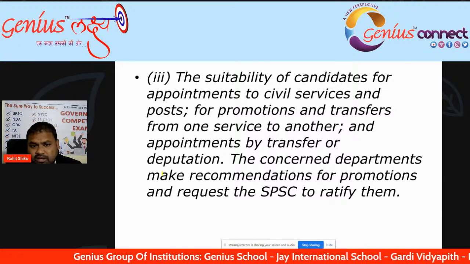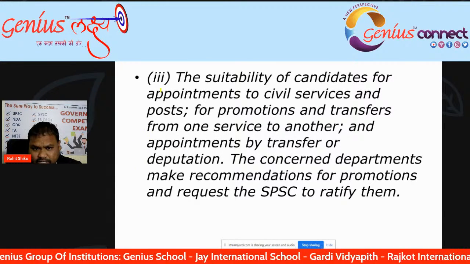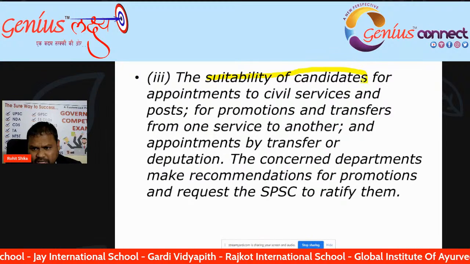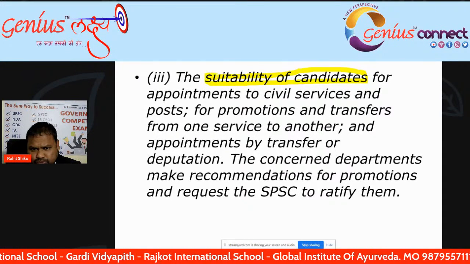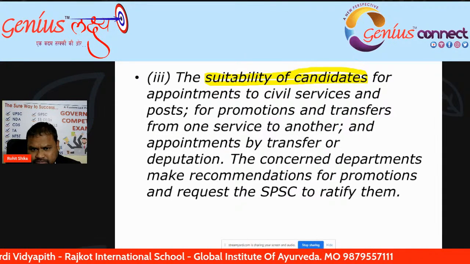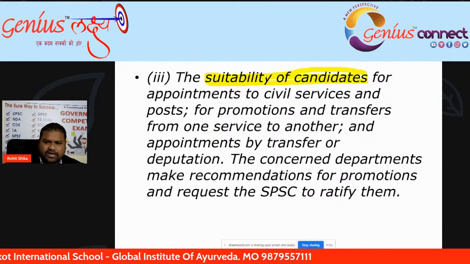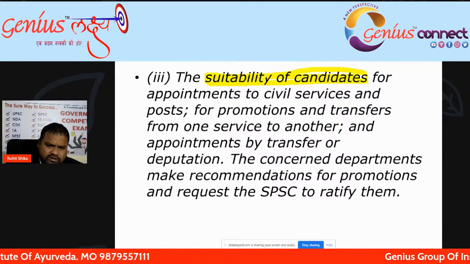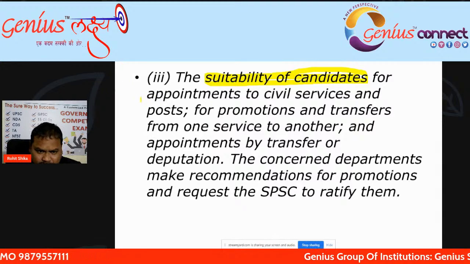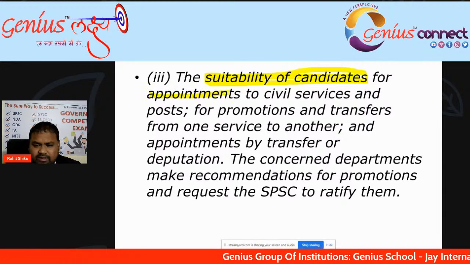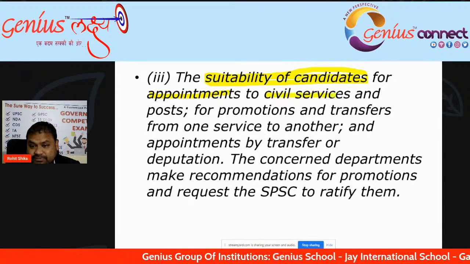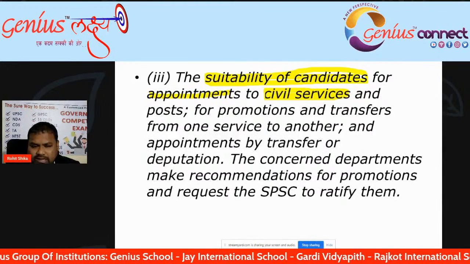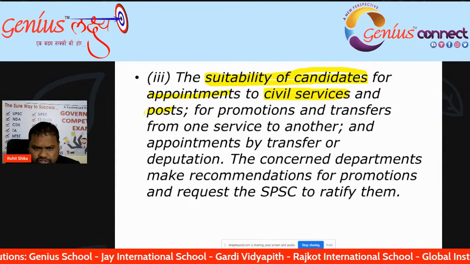Then the suitability of the candidate, whether the candidate is suitable for a particular post. That is suitability of a candidate for appointments to civil services and posts.